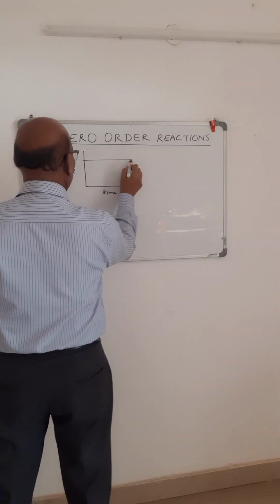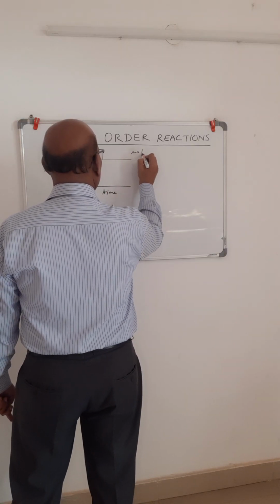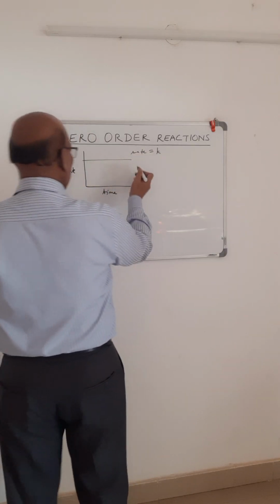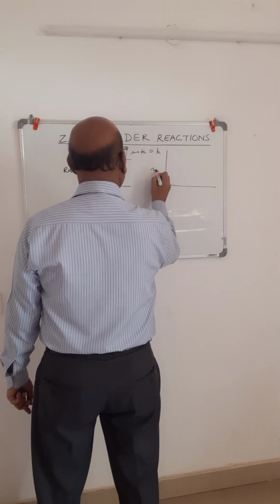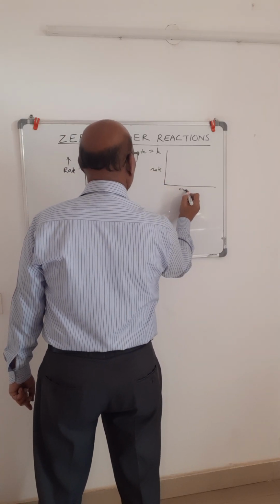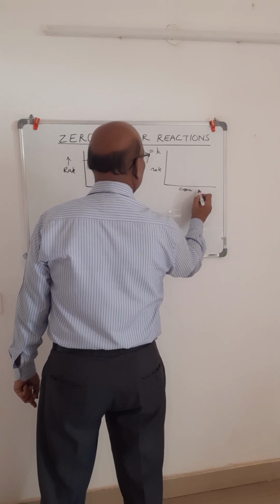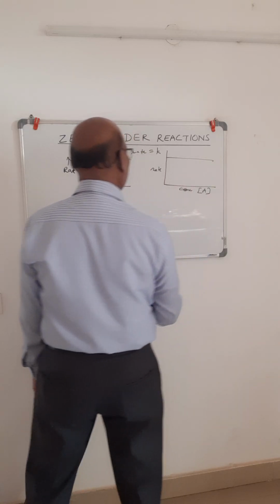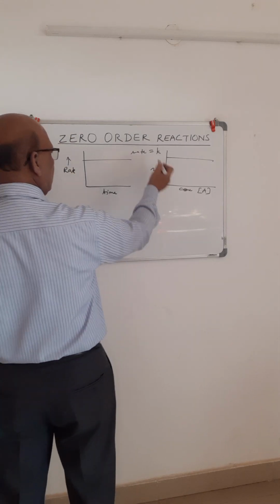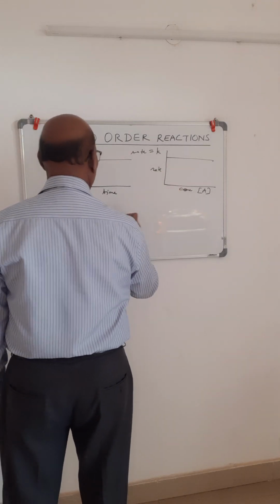It will be a straight line because rate was equal to K. It is independent of time. Similarly, if I write rate versus concentration of reactant, that is A, then this will also be like this, because rate doesn't depend on concentration of A.